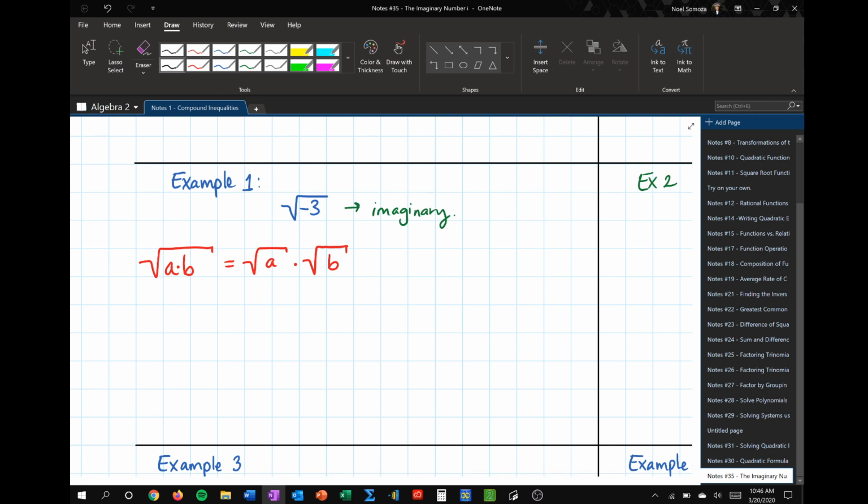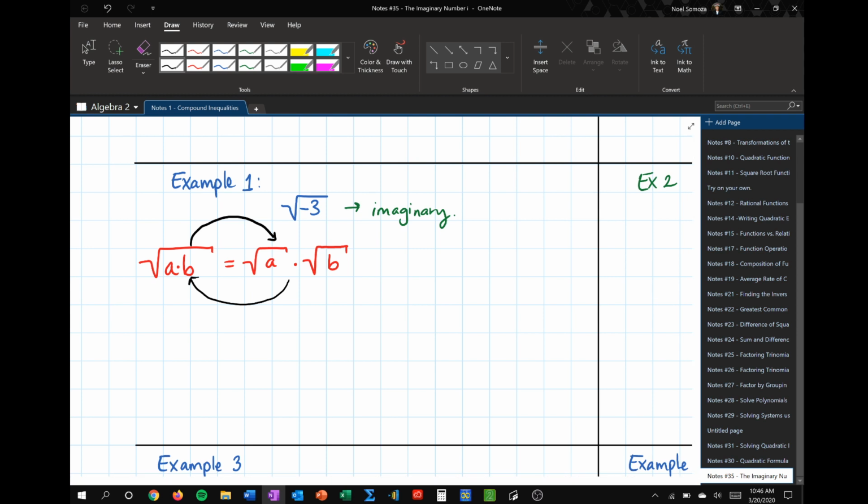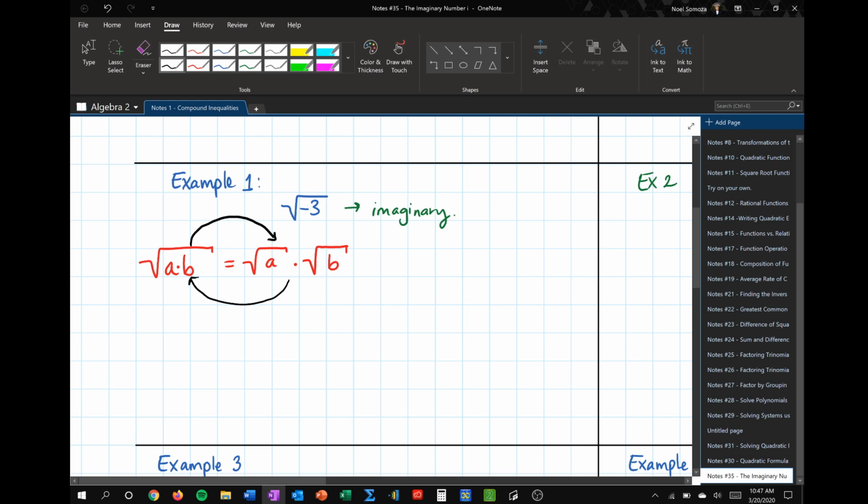This is a two-way street, meaning that if I have them separate, I can multiply them and they both go inside of the square root. But if they're already as a product, then you can split them apart.